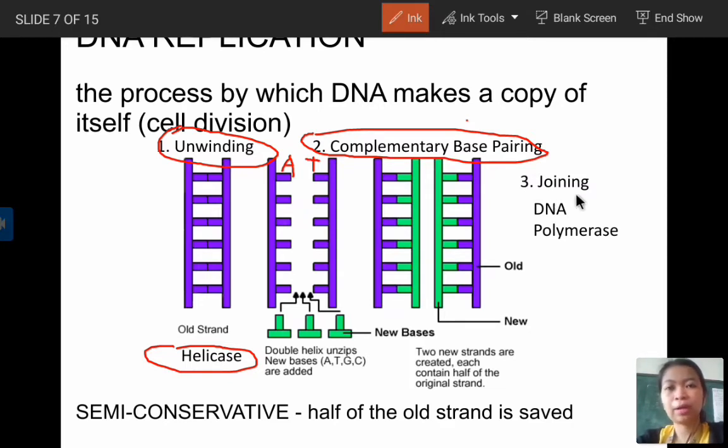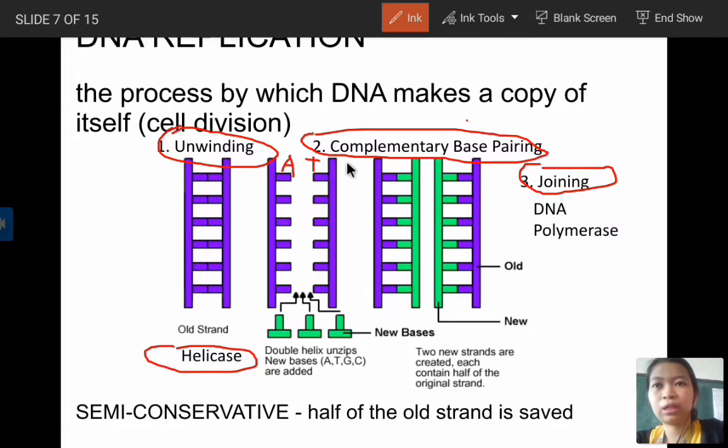In joining, we have also an enzyme, in order for the hydrogen bond to bond again the nitrogenous bases. So, ibaband niya ulit yung panibago namang base. So, it happens in joining.